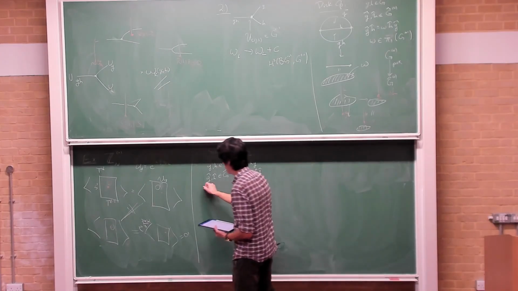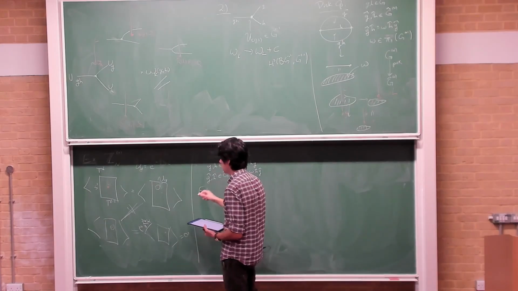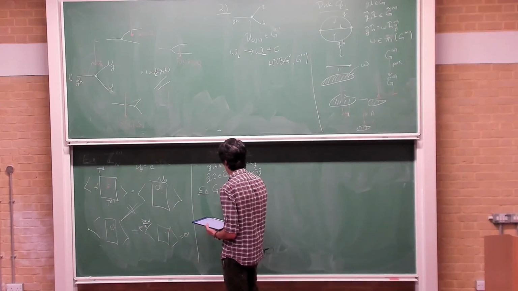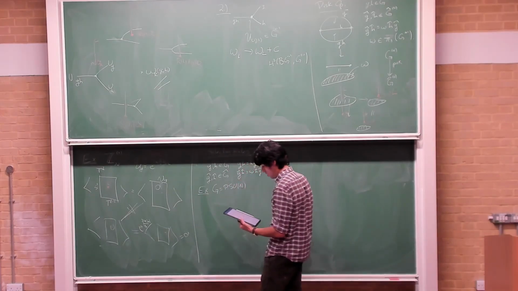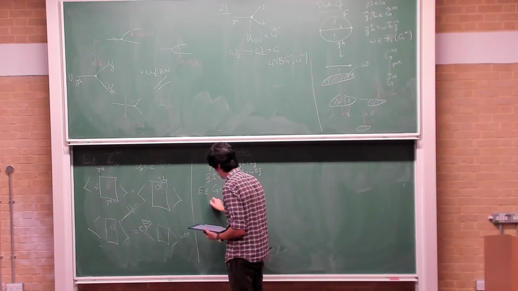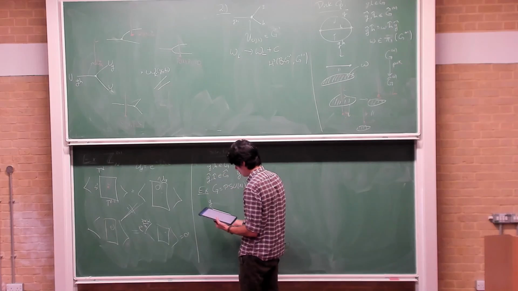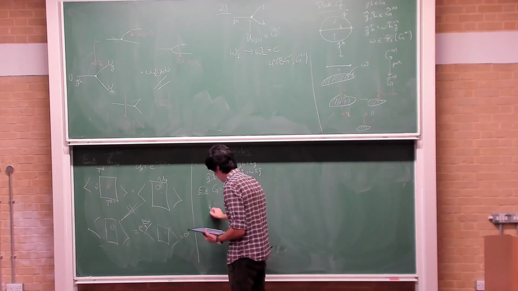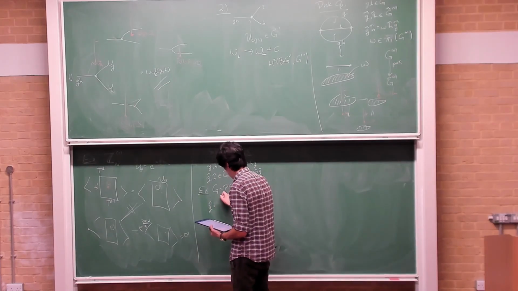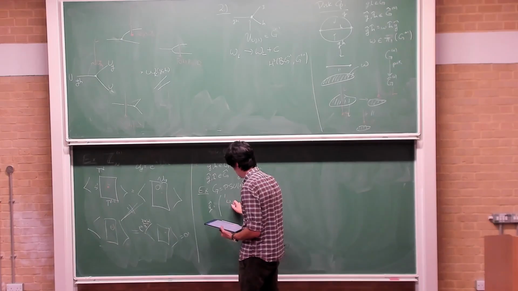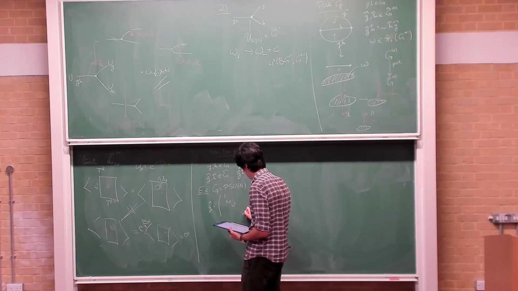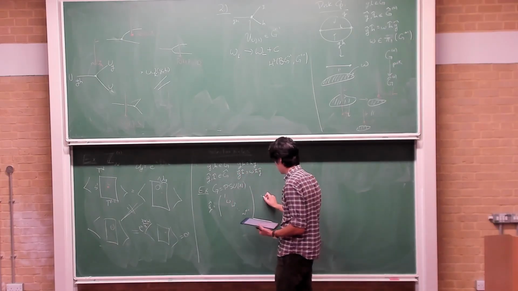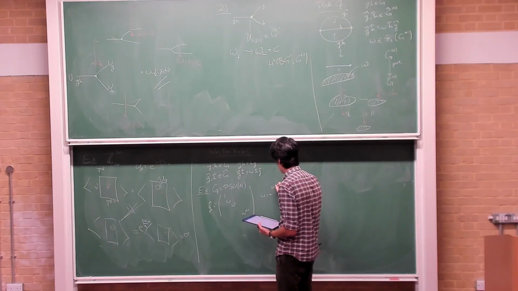The example you may want to have in mind, which I had just erased, is when G is PSU(N). Then you can pick G and H to be clock and shift matrices. Here I'm thinking of G hat as the matrix with entries 1, omega, omega squared, up to omega to the n minus 1, where omega is e to the 2 pi i over n.